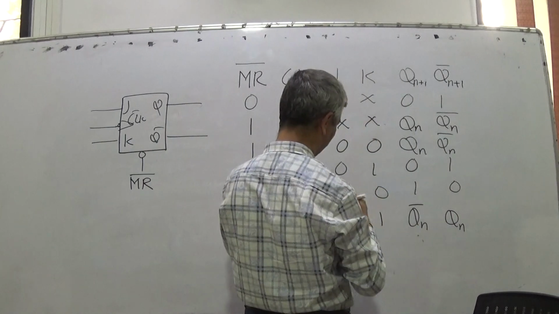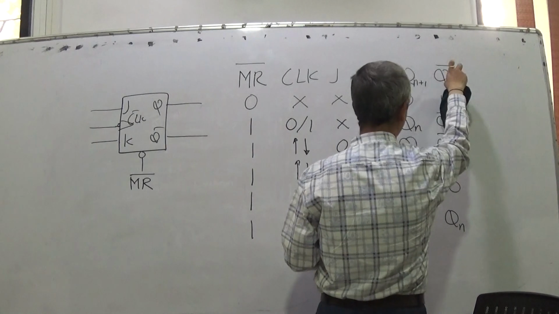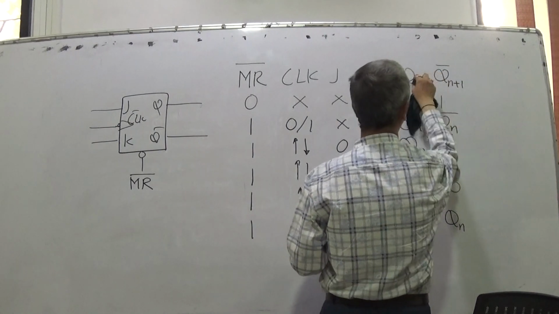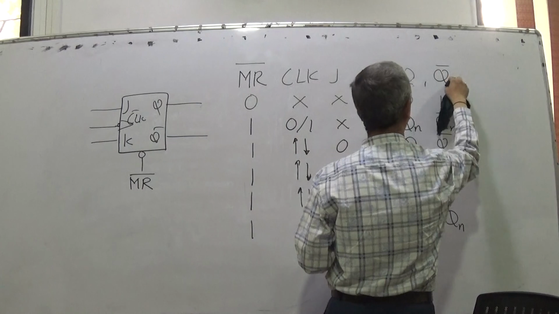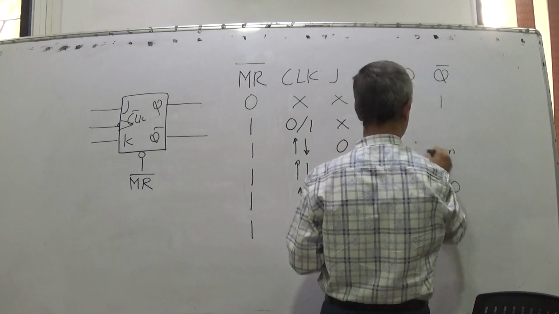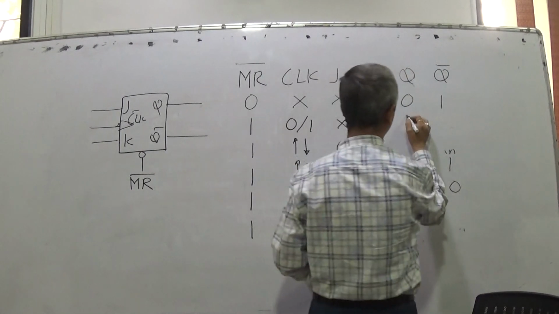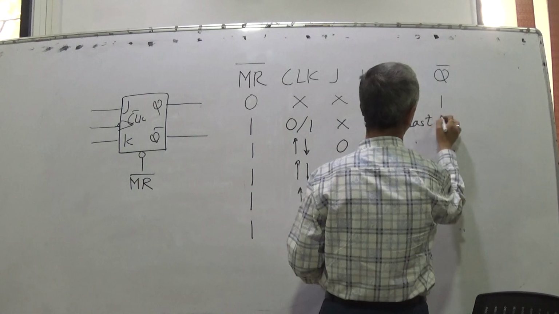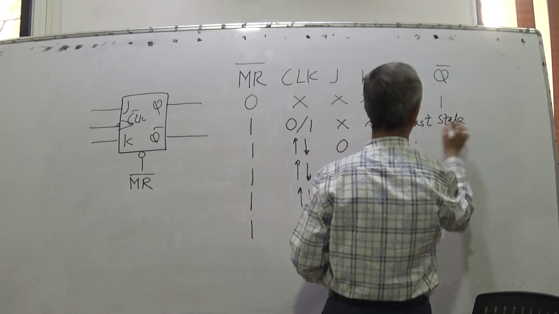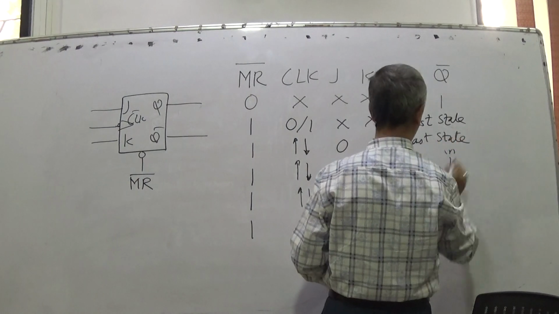So if this is confusing, because this bar may be confusing, you can put a dash, or in general you can leave this completely as Q and Q bar, and it is better. You can write it as last state, last state, last state, and toggle.